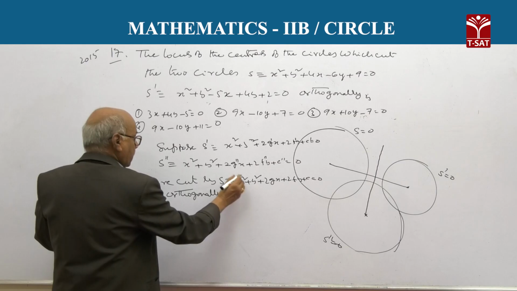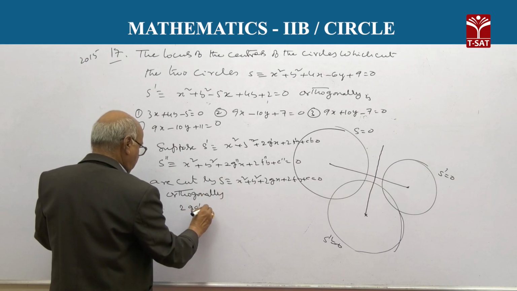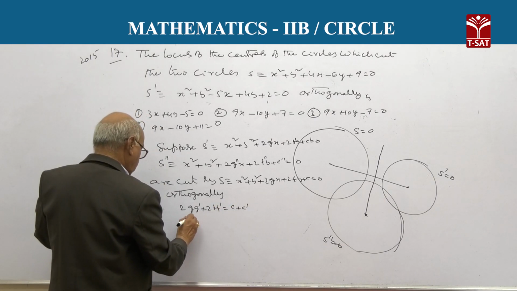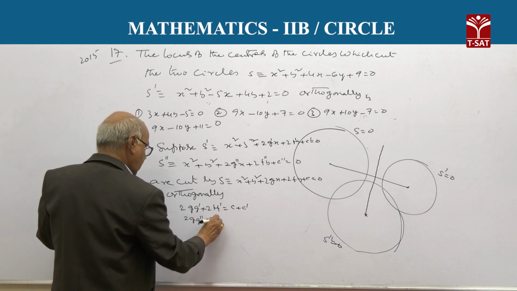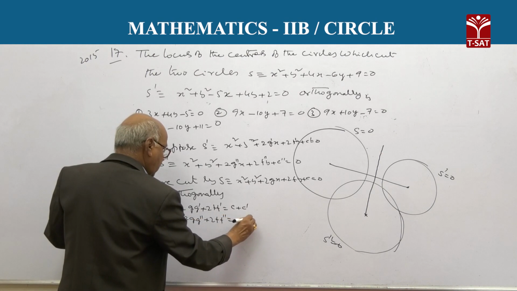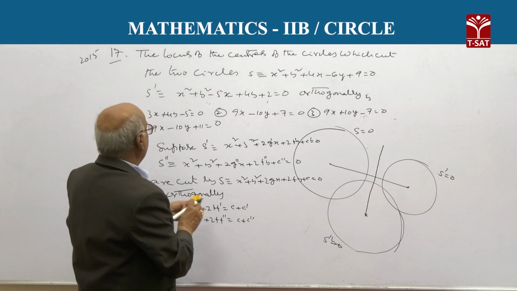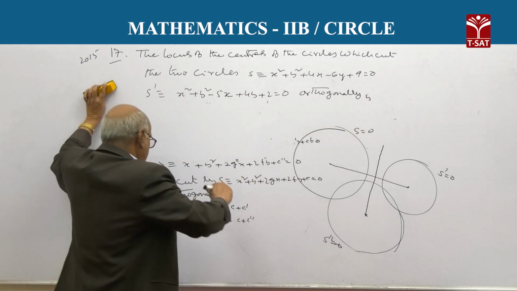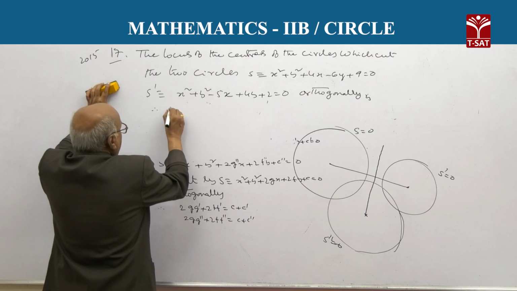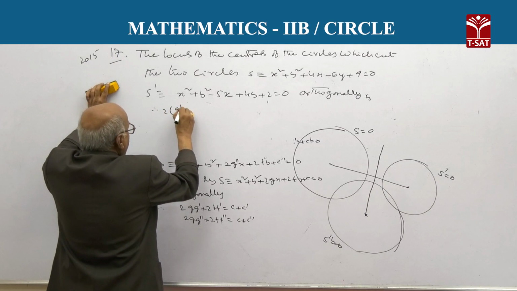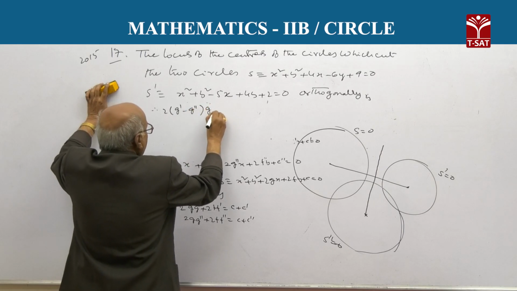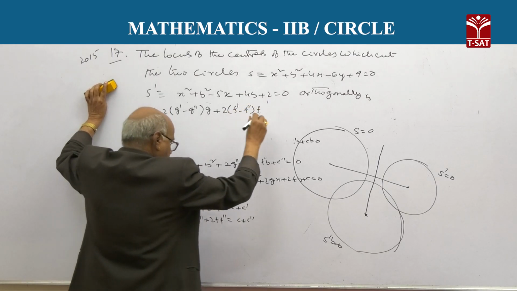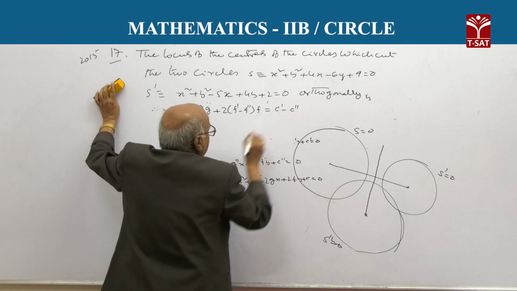So therefore, 2gg' + 2ff' = c + c', and also 2gg'' + 2ff'' = c + c''. So if you subtract one from the other, 2(g' - g'')g + 2(f' - f'')f = c' - c''.